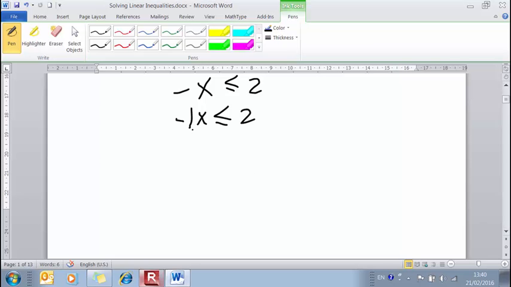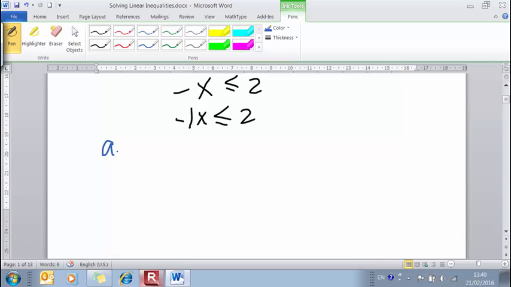Now, in order to eliminate negative 1 here and make the coefficient of x a positive 1, we have two methods. The first method is to multiply negative 1x by negative 1. The second method is to divide negative 1x by negative 1. Now, I'll bring you through both methods.